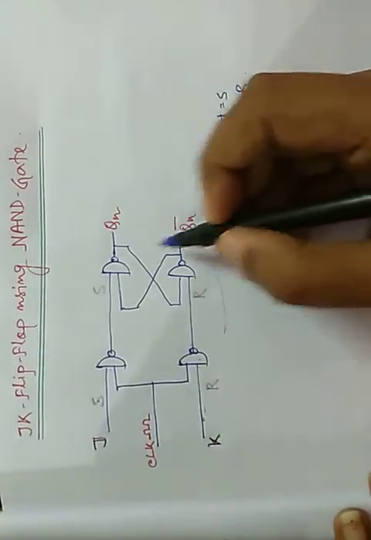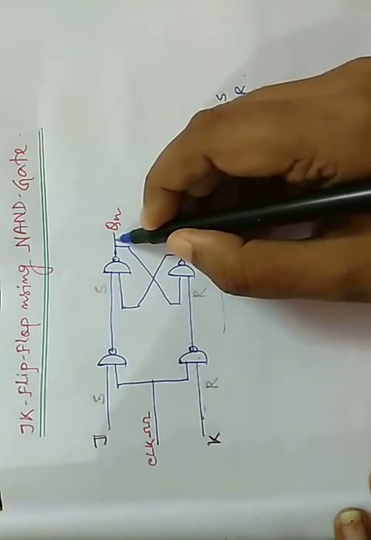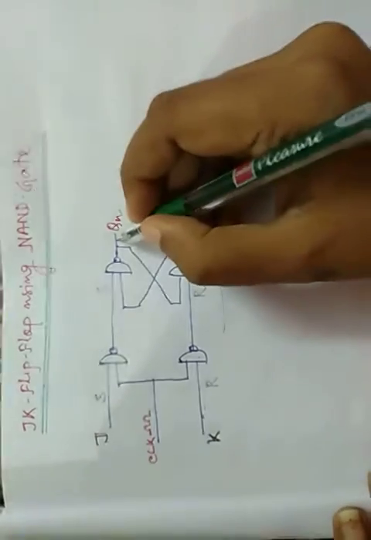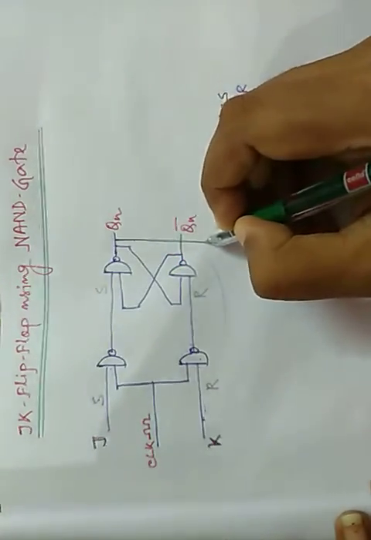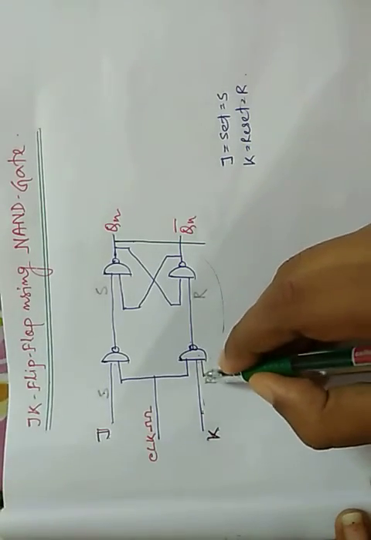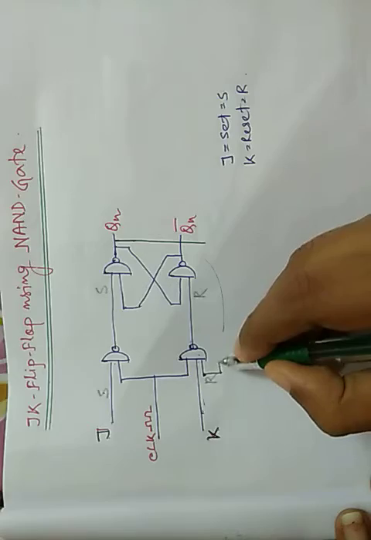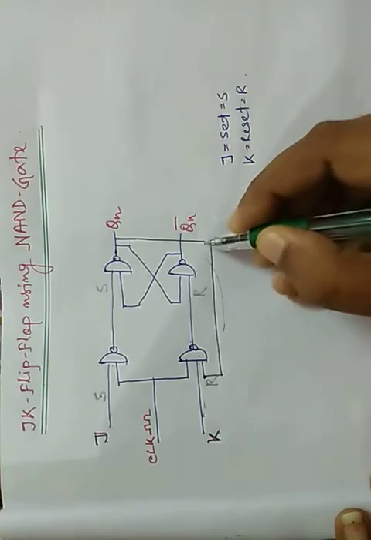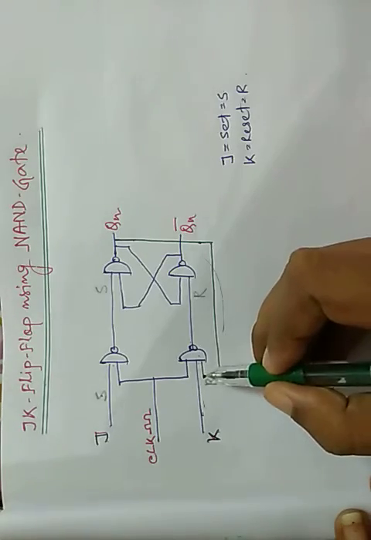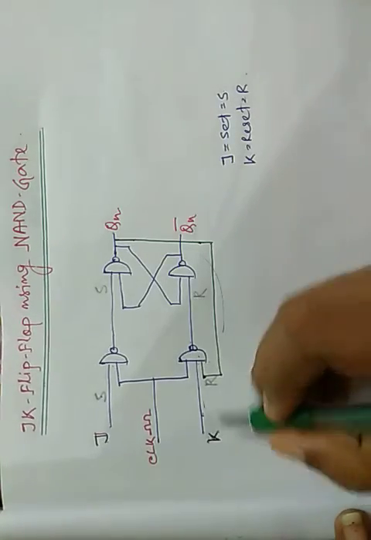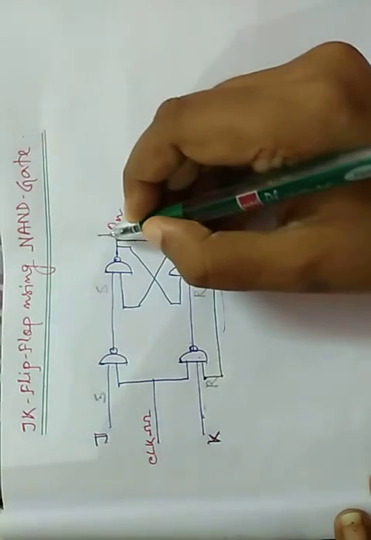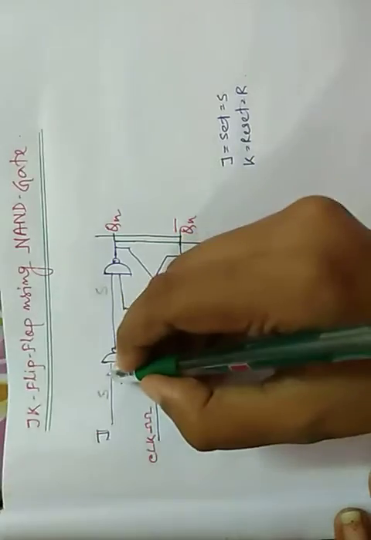The improvement is that the output Qn goes as the input in the lower gate, and the output Qn bar goes as the input in the upper gate.